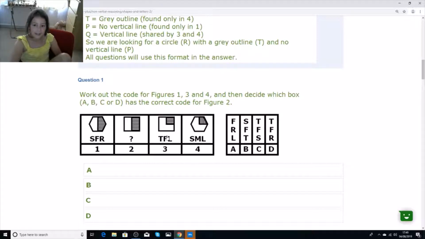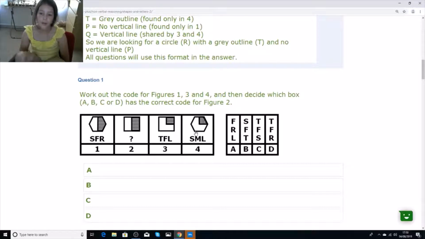Only 3 has T. That must mean square. 1 and 3 share F. That is because the shading of the lines is horizontal. M is only found in 4.